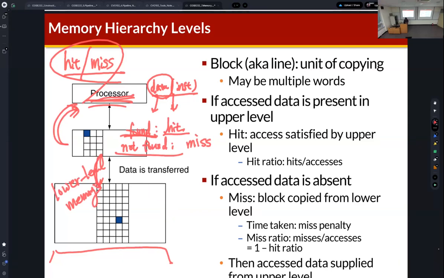So we can define the hit rate. The hit rate is the number of hits among the number of total accesses.